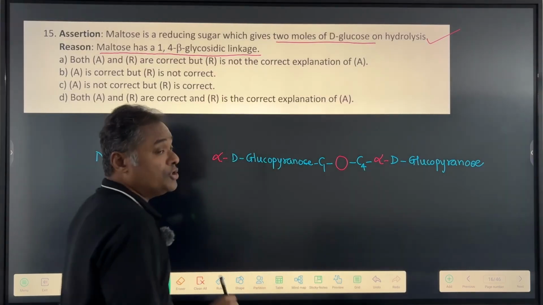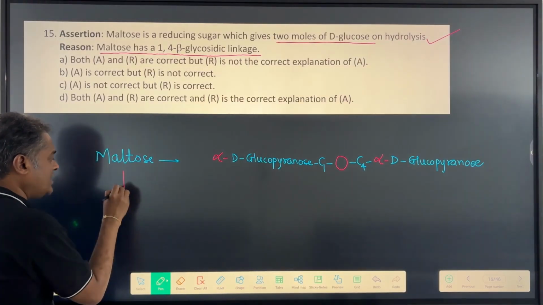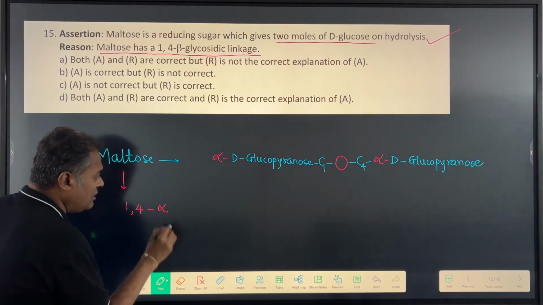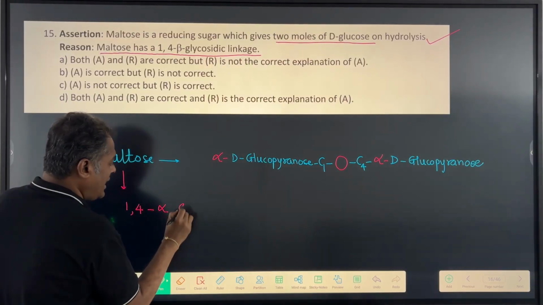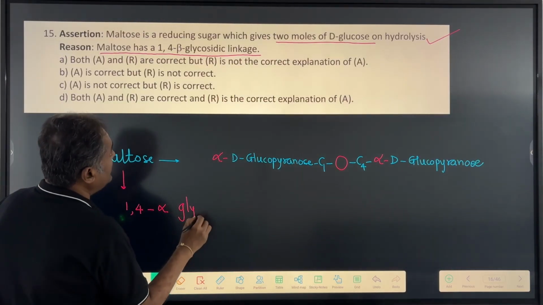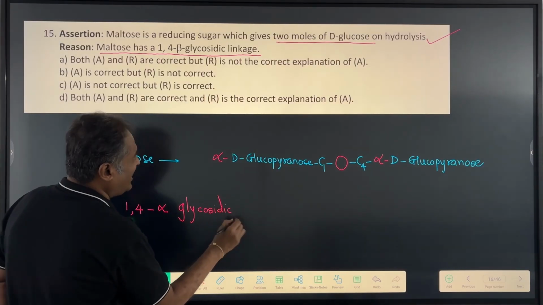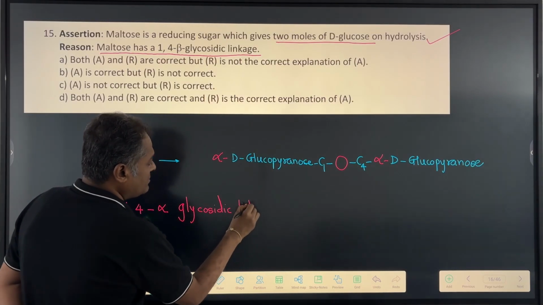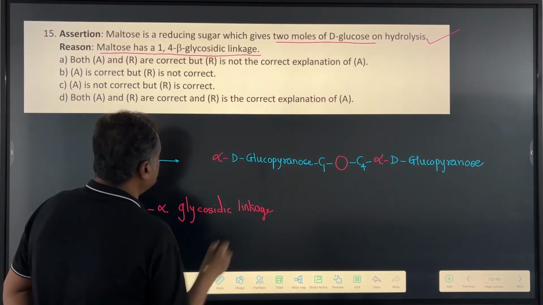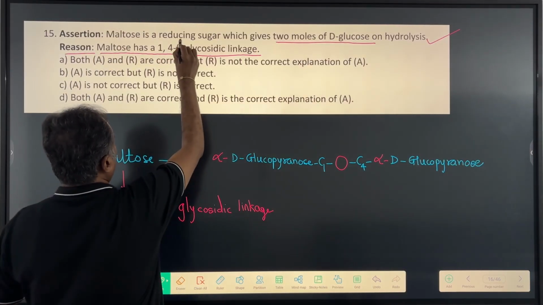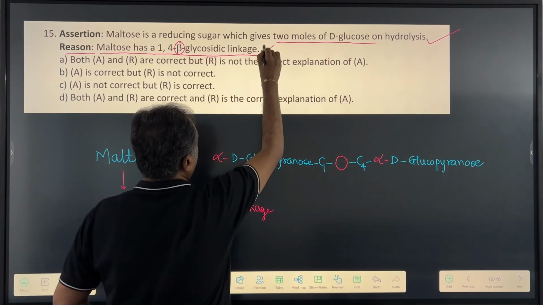That means maltose is an example of a 1,4 alpha glycosidic linkage, and it's not a beta linkage. That means as per our question, the reason, which says 1,4 beta, is incorrect.